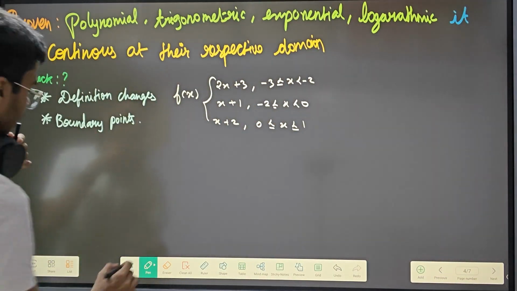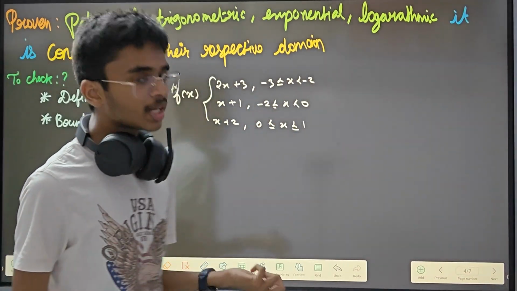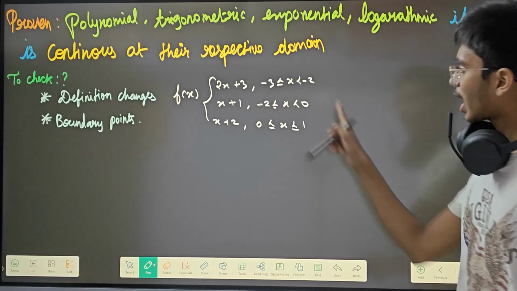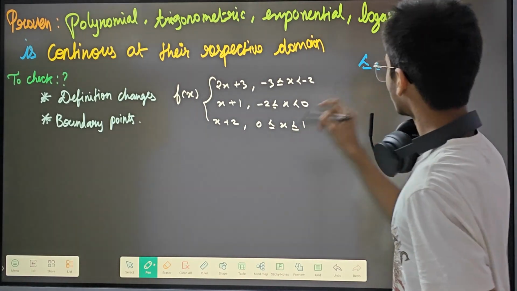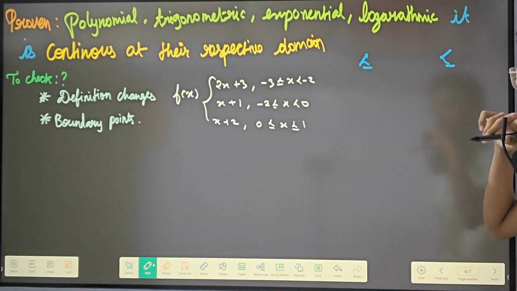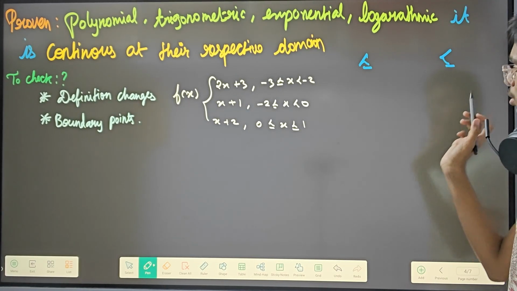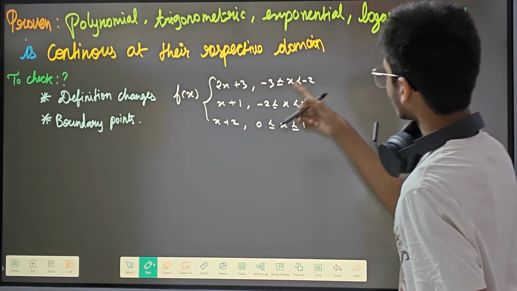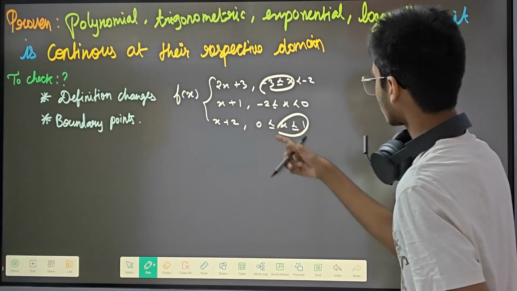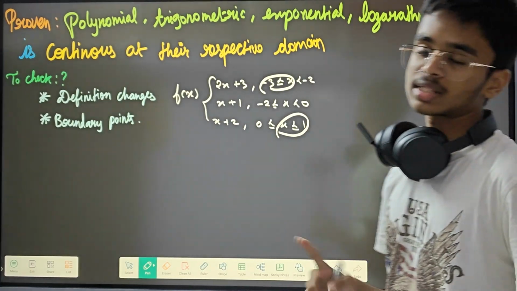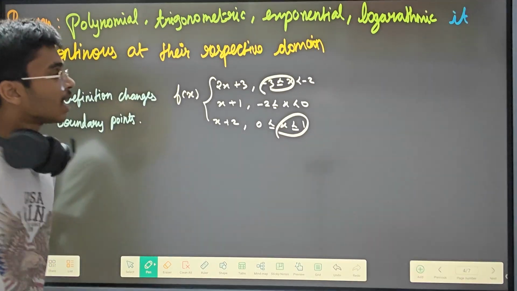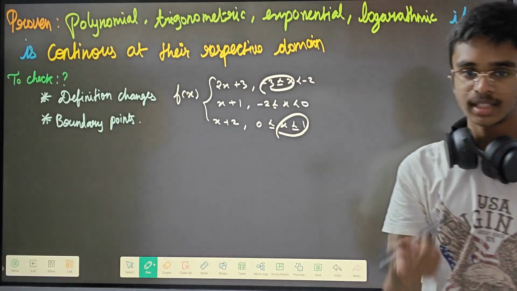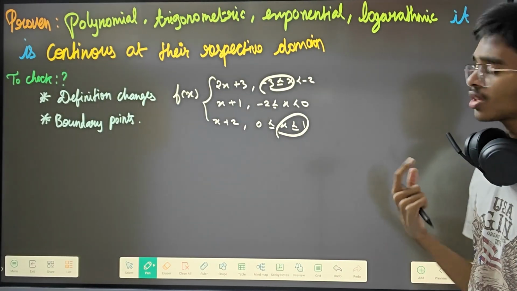Okay, so before going into this one sum, I have to say, whenever you are having extreme points, this is one extreme and this is another extreme. Here you can see that it is less than or equal to, here also it is less than or equal to. Here you can see that x is greater than or equal to minus 3, and here x is less than or equal to 1. So when you are having equal to also over there, what does it mean?